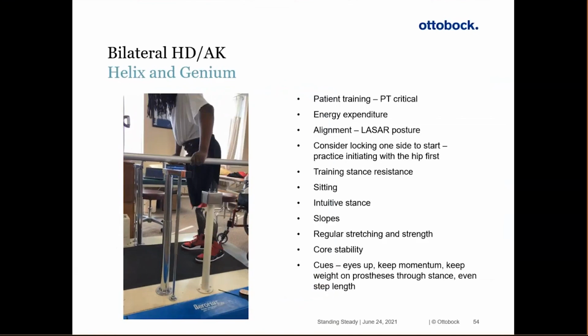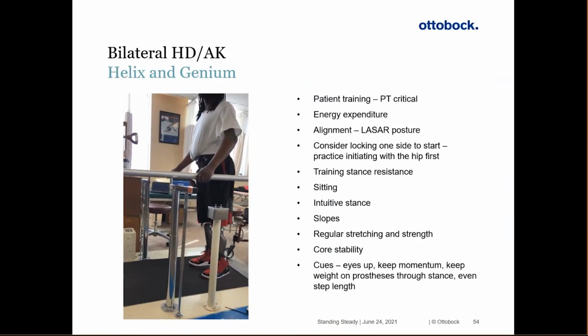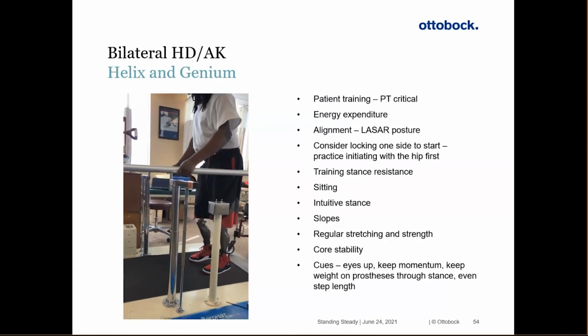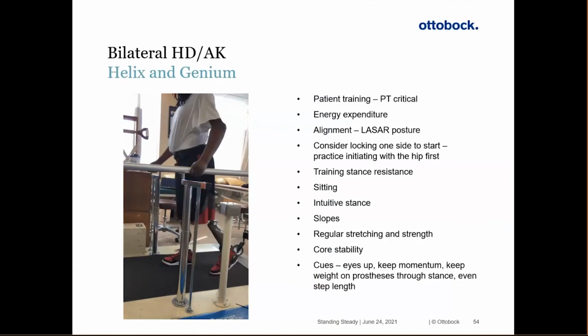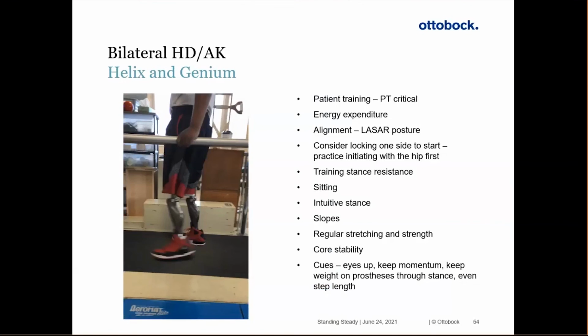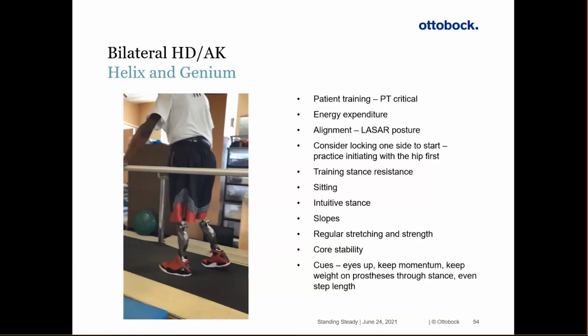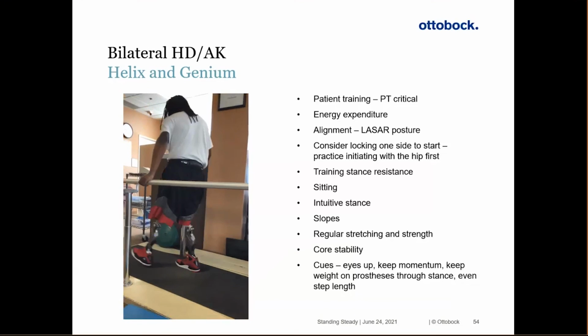So this is a video of a gentleman, focusing on patient training, PT, energy expenditure: the shorter the limb, the higher you go. Focusing on alignment, getting a laser posture, considering locking one side to practice. This user is wearing a hip, if you haven't noticed yet.